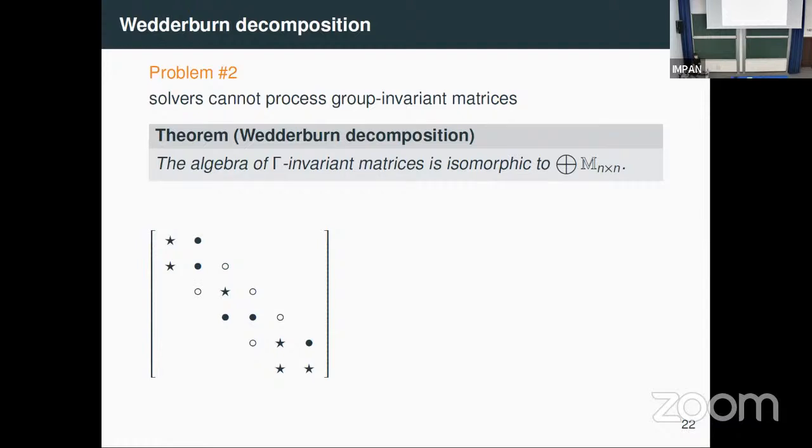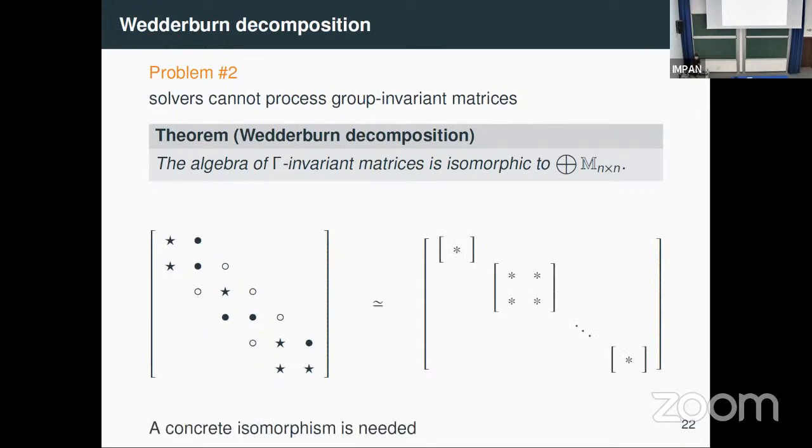It turns out that the algebra of these gamma invariant matrices, where gamma is this finite subgroup, can be written as a direct sum of just matrix algebras.